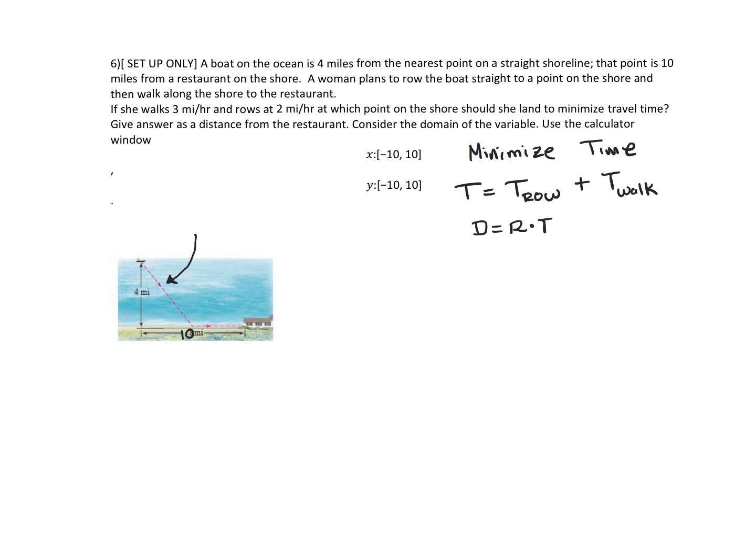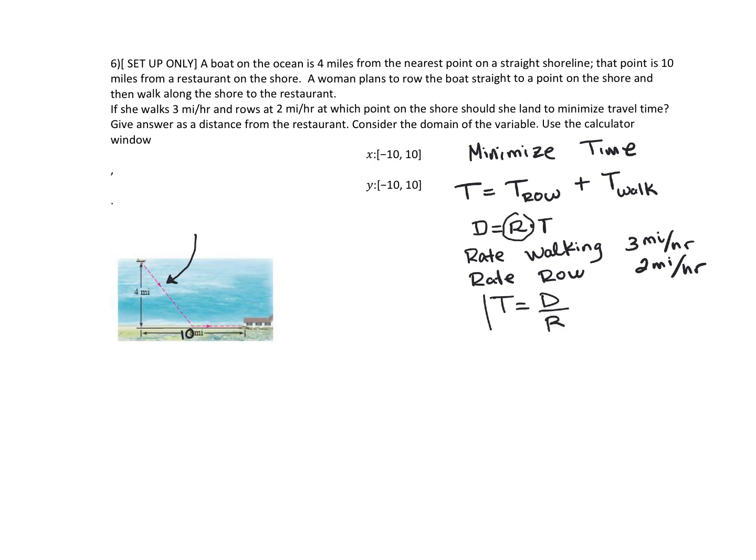And we also know that her rate walking is 3 miles per hour, and her rate rowing is 2 miles per hour. So we have this rate piece. We want time, so we can see that time is distance divided by rate. So we're going to need this information.